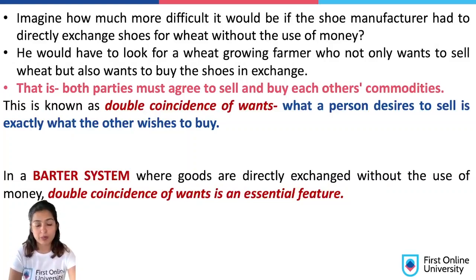So what exactly happens in a barter system is I will be selling a shoe to a person who grows wheat and that person will be giving me wheat without any kind of transaction in money. So it's a give and take policy without the use of money. So that is exactly what a barter system is.